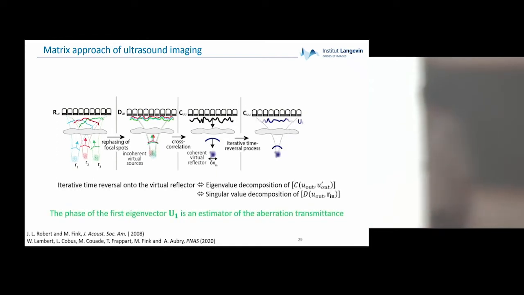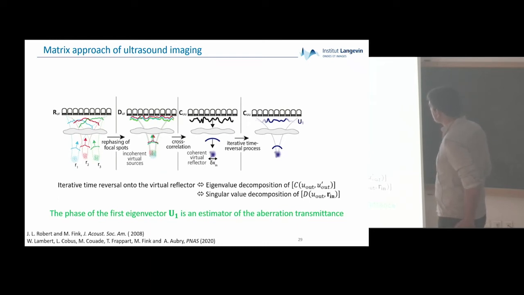You can perform what we call an iterative time reversal process that used to be done physically by Matthias Fink and Claire Prada in the 90s, but now you do everything in the computer. And at the end, you obtain a time reversal invariant of your correlation matrix, which is nothing other than the first eigenvector of the correlation matrix, okay? And the phase of this first eigenvector is the estimator of the aberration transmittance.